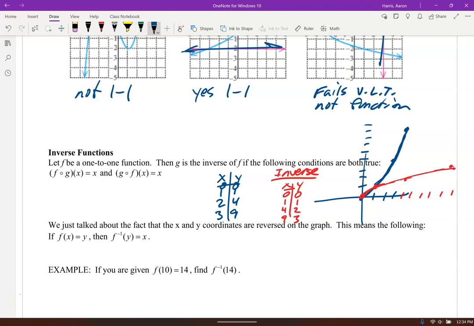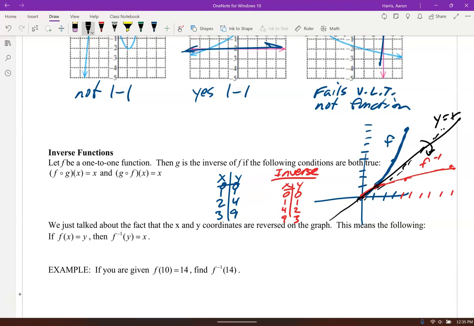So here's our original f function, and we would use the notation f inverse for the red function. Again, all the points flip-flop to be an inverse, and you may recall their reflection about the line y equals x, right? Their reflection about that black line.